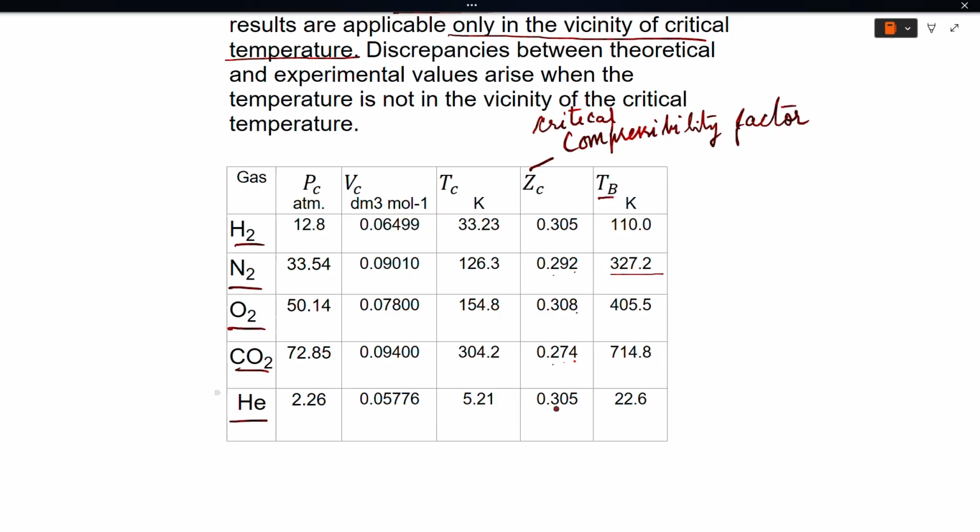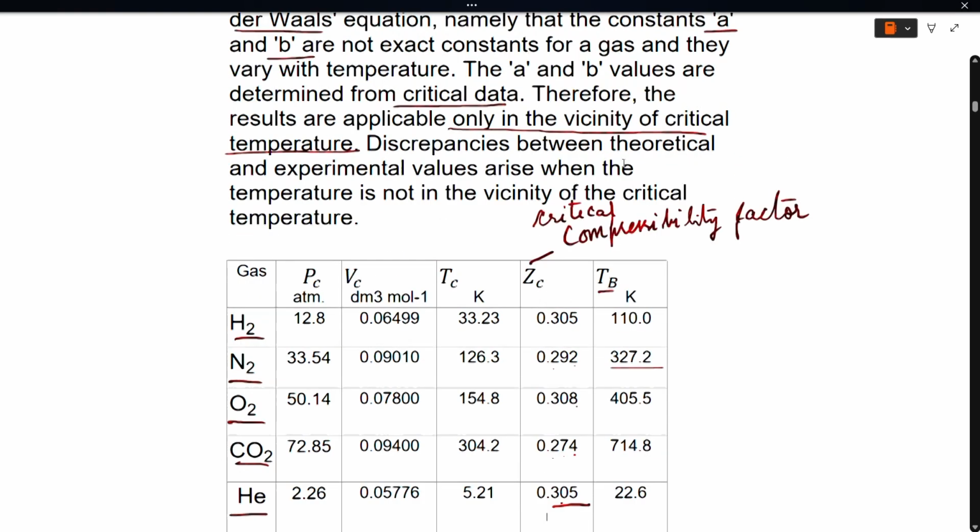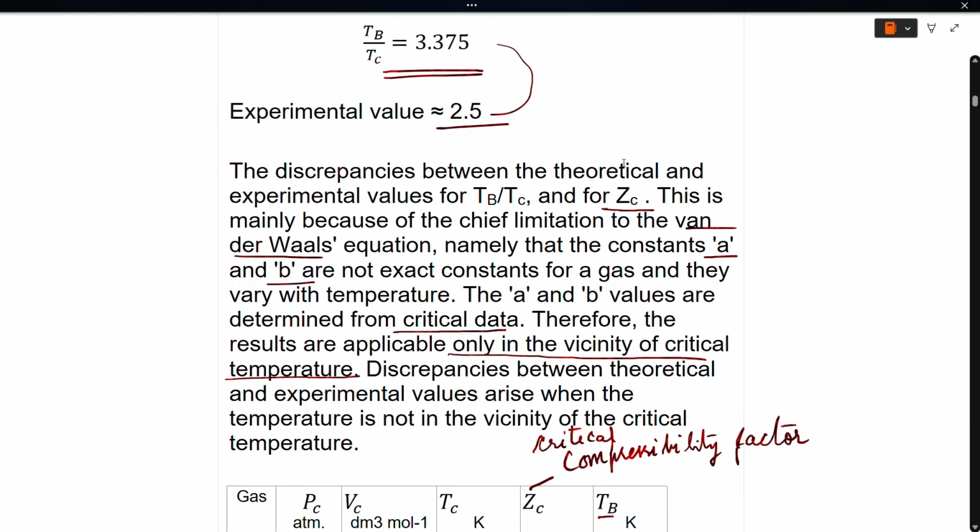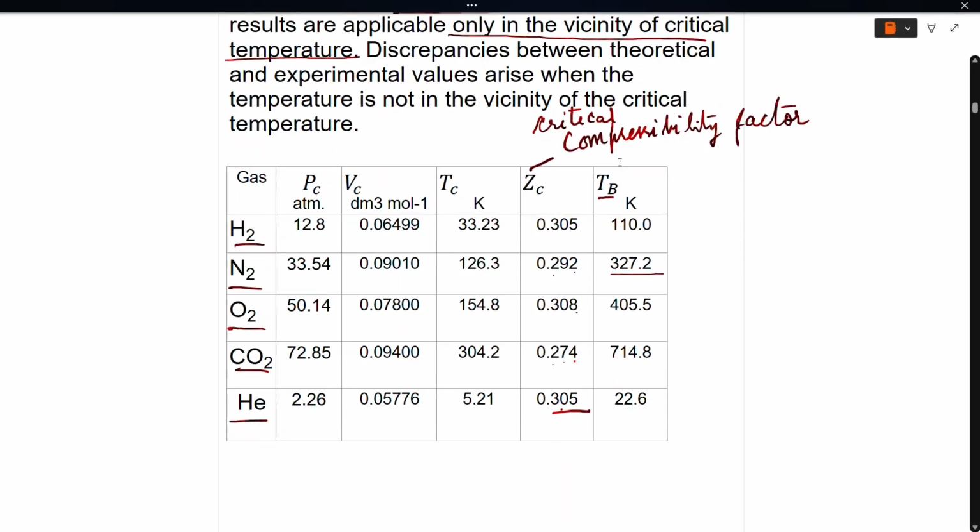For helium, it is 0.305. See the values: the expected value is approximately 2.5, and what we got by calculation is 3.375. So, the values vary a lot even at the Boyle temperature, where we believe gases tend to be ideal.